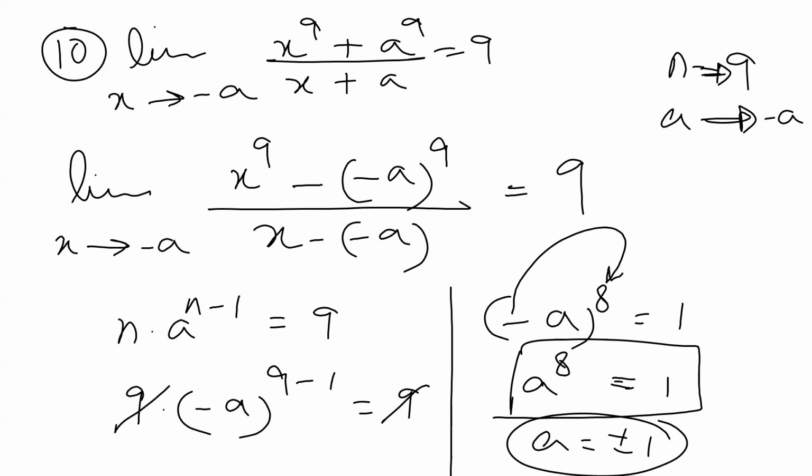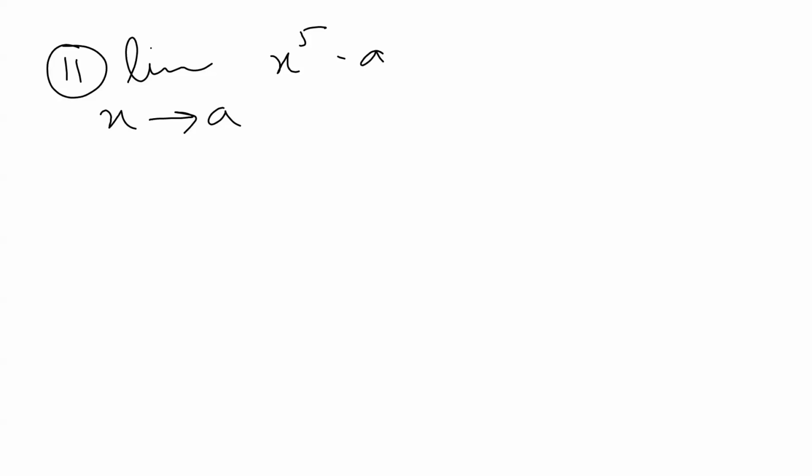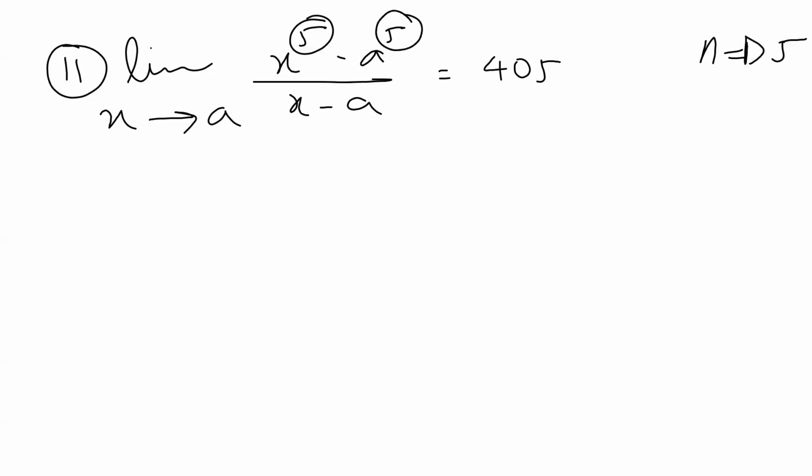Yes. Okay. Question number 11. Limit x approaching towards a, x raised to 5 minus a raised to 5 upon x minus a equal to 405. Now this is very simple and straightforward. It does not require too much analysis. n is equal to 5 and a is a.